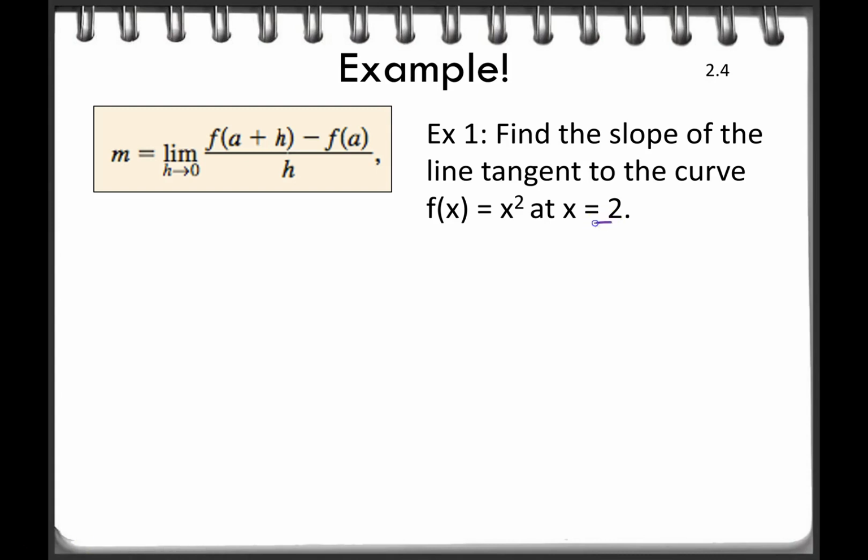Well, what would we have done on the last page? We would have made time equal to 2.01 and maybe time equal to 1.99. But we could have also very easily chosen time equals 2 and time equals 2.0001.